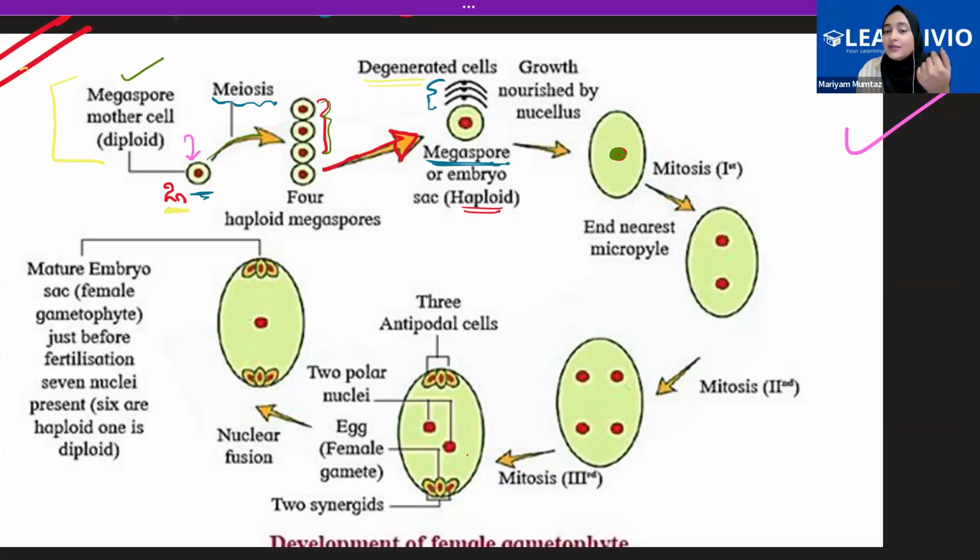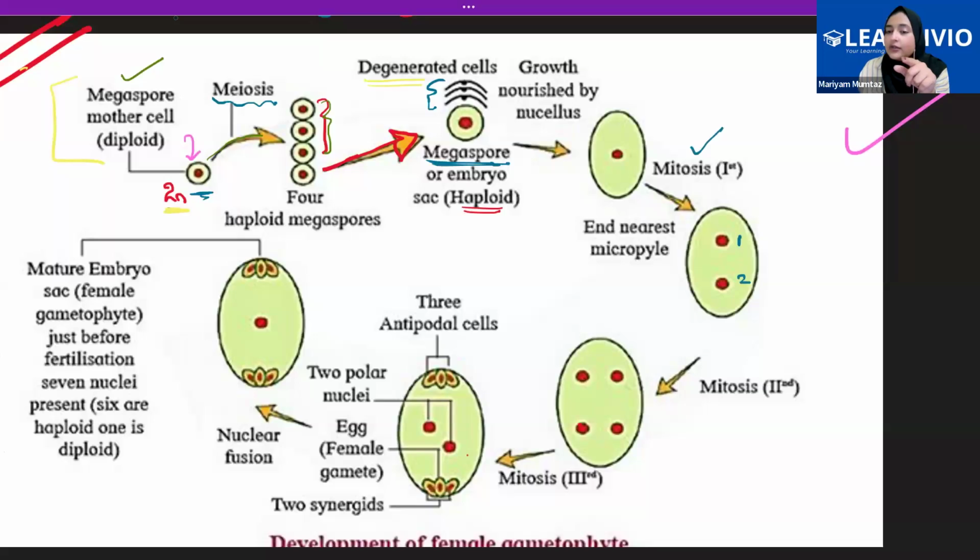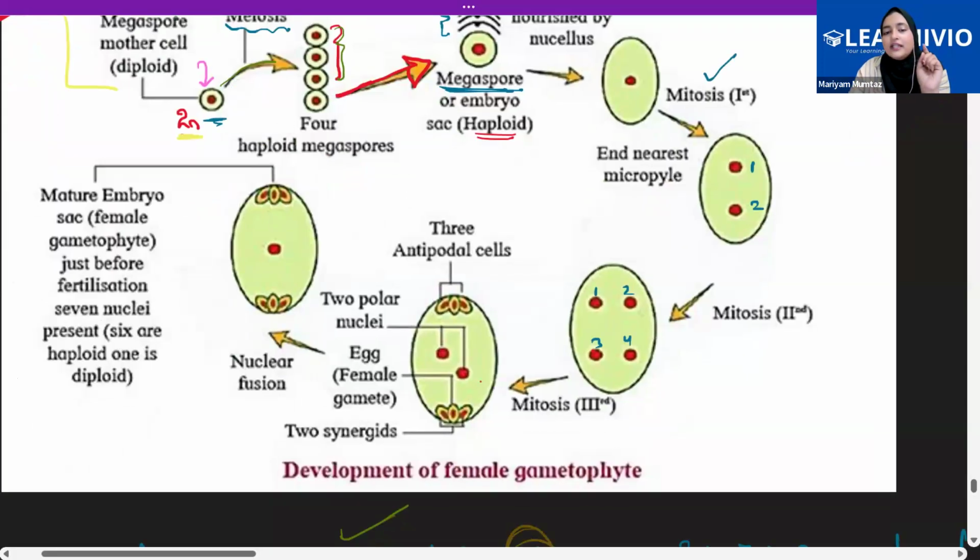Now they will start to increase the number of nuclei. So it will undergo the first mitotic division and form 1 and 2 nuclei. Then these 2 nuclei undergo the second mitotic division and form 1, 2, 3 and 4 nuclei. Then these 4 undergo division and ultimately form the 8 nuclei in one cell.